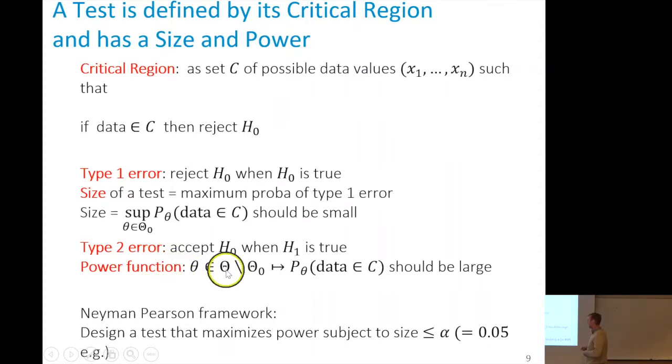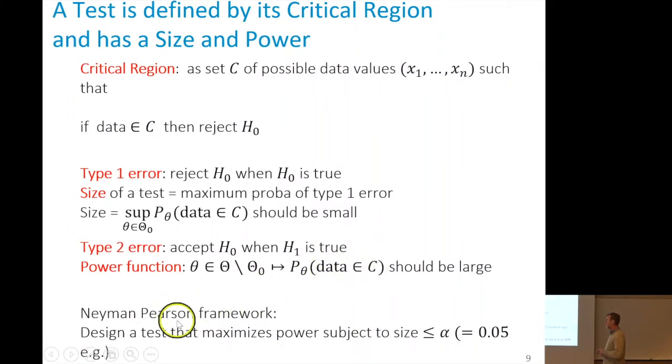The power function maps every value of the parameter theta, when H1 is true, to the probability of being correct. Because when H1 is true, being in the critical region means we reject H0, we accept H1. So it's the probability of being correct. We want this to be as large as possible.